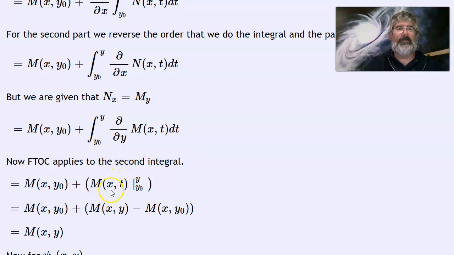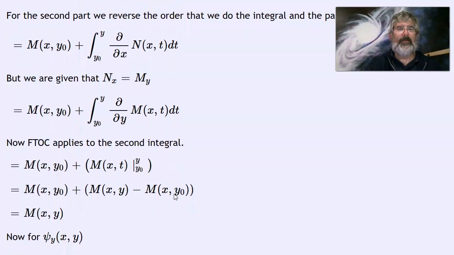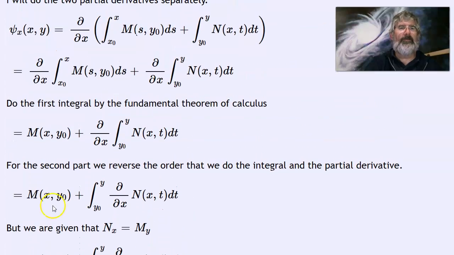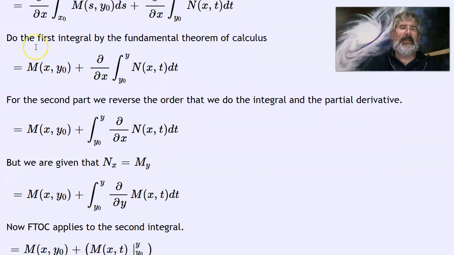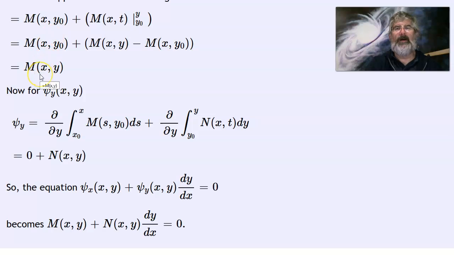So anyway, this is just M(x,t) evaluated between y0 and y. You plug the y in for t, you plug the y0 in for t, and the minus that is the same as what we had from before, and it cancels out, and that's just M. The short of it is that the partial of psi with respect to x is M.